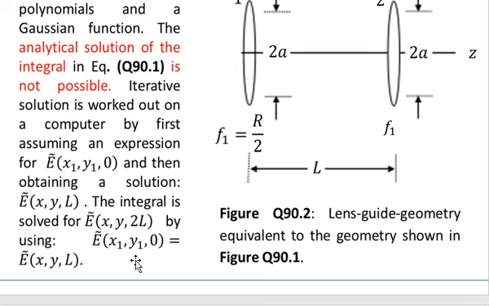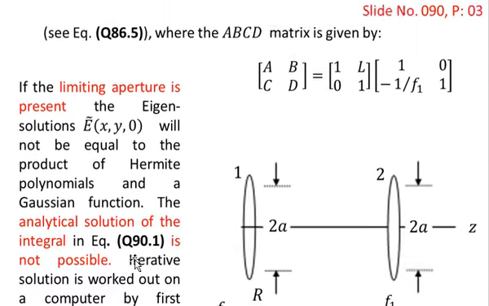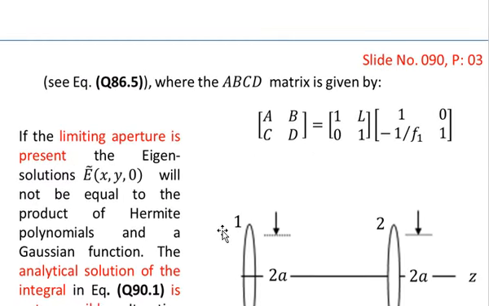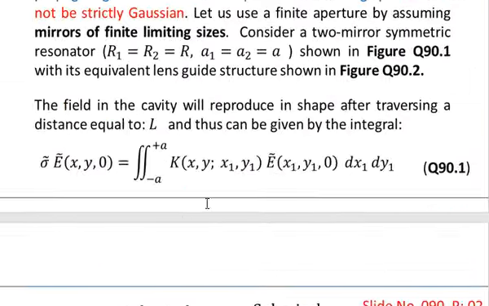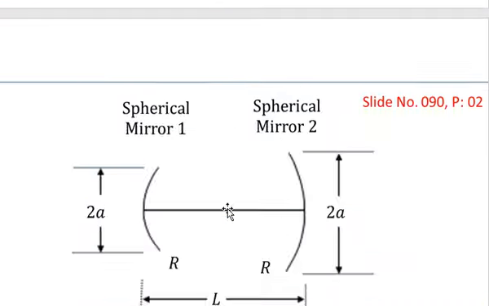In this way you can solve the integral iteratively. And this is the case when you have the limiting apertures present in the resonator. The analytical solution will not be possible, and only the iterative solutions of the integral number 1, that is this integral, will be possible.